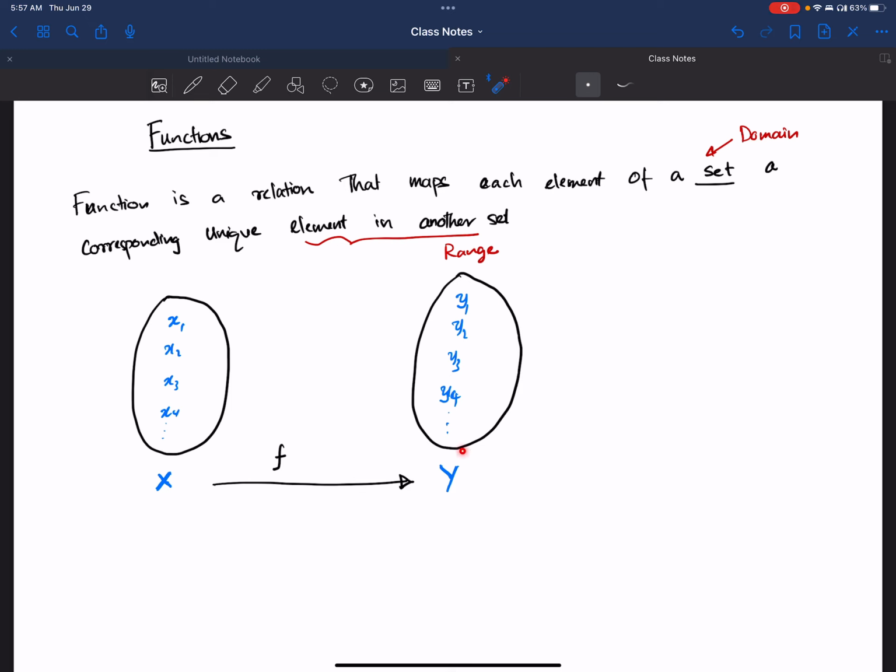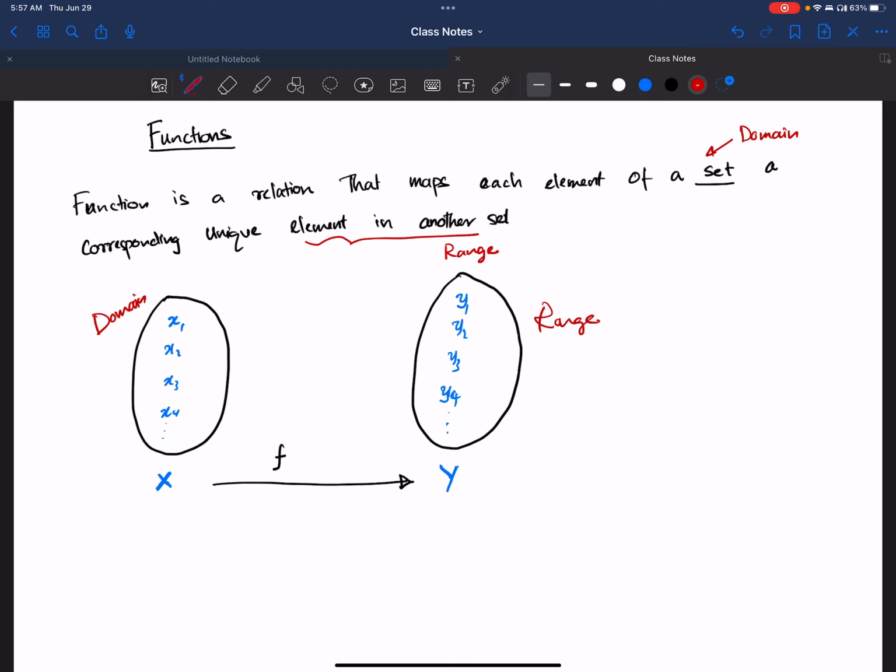This is called the codomain, and the items that correspond to the elements of the domain are called the range. So domain and range.